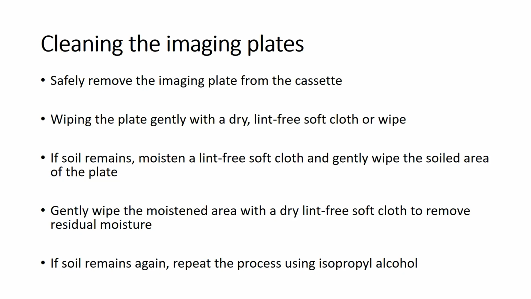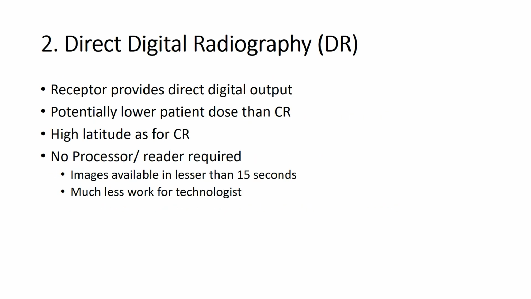Afterward, gently wipe the moistened area with a dry lint-free cloth to remove the residual moisture. If the soil remains, repeat the process using isopropyl alcohol. If possible, use absolute isopropyl alcohol or 100% ethyl alcohol.